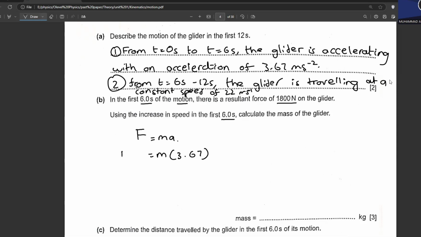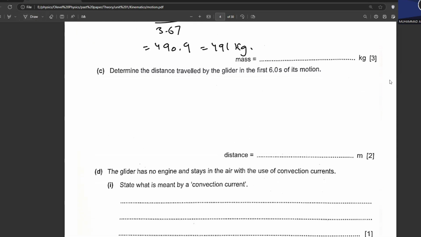Your force is 1800, so your mass is 1800 divided by 3.67, which comes out to 490.9, roughly 491 kg. Simple as that. Let's move ahead.